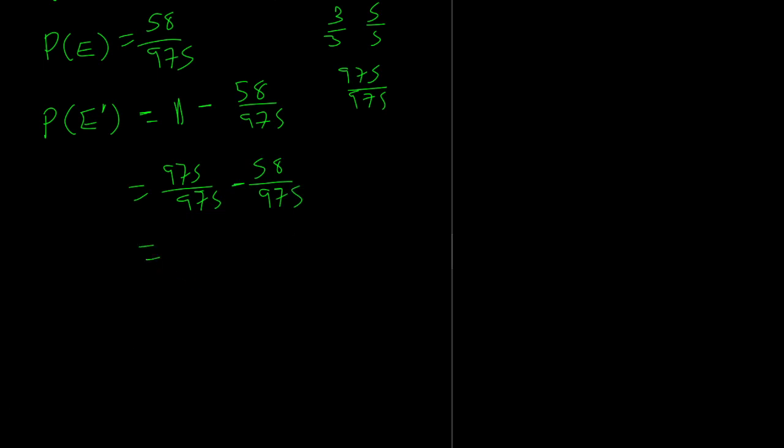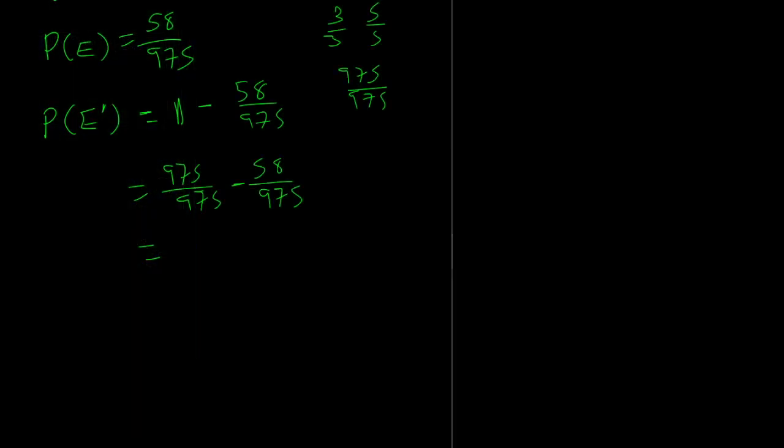Hey, there you are. And so, well, the numerator of my fraction is 975 minus 58, or 917. So let's come back here. And that gives me 917 over 975. All right, because I have the same denominator, all I have to worry about is the numerators.